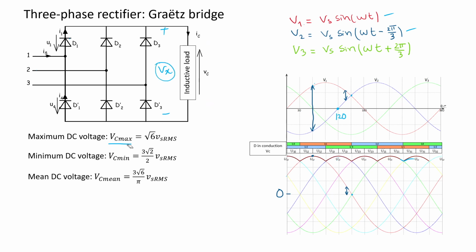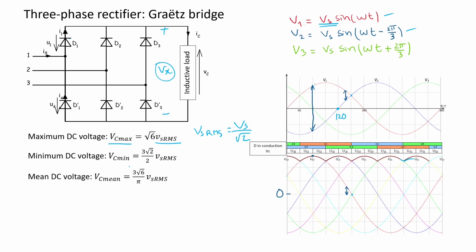So the maximum is square root of 6 times Vs root mean square. What is Vs root mean square? You see that the original waveform is like this. So it's just Vs over square root of 2. Okay?